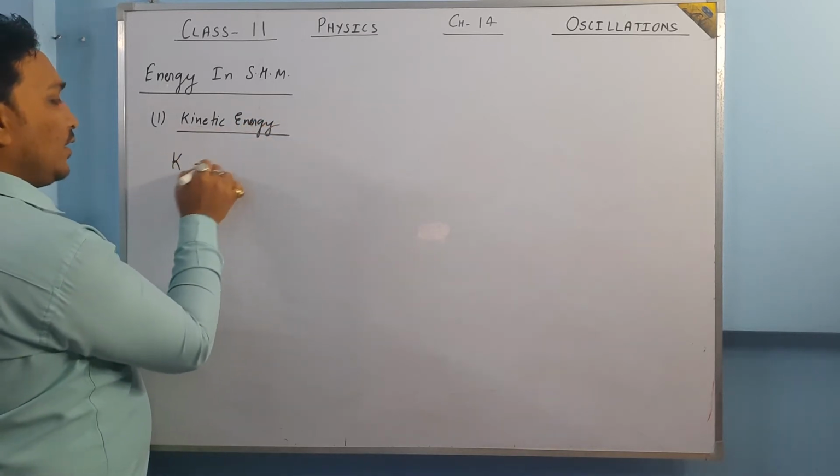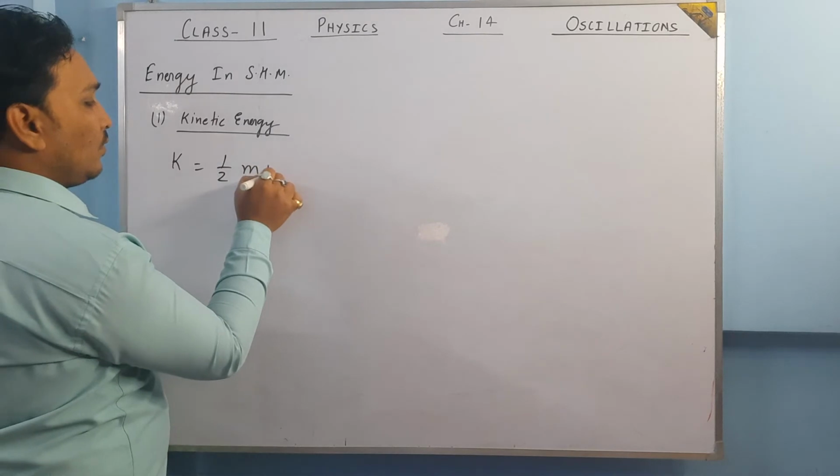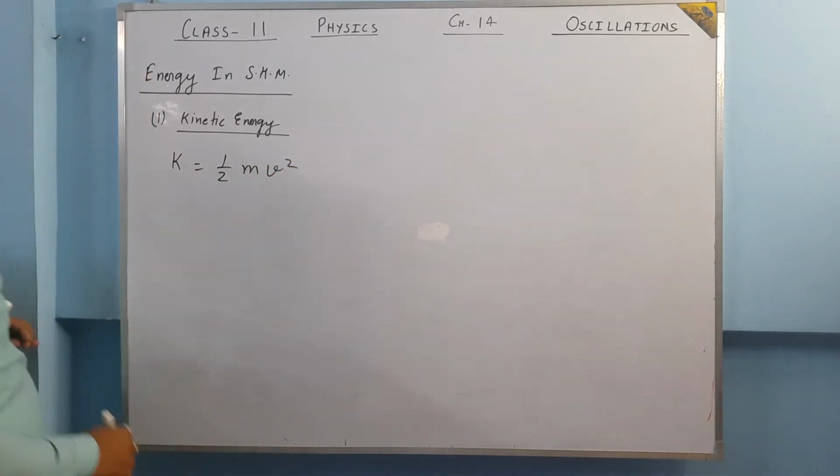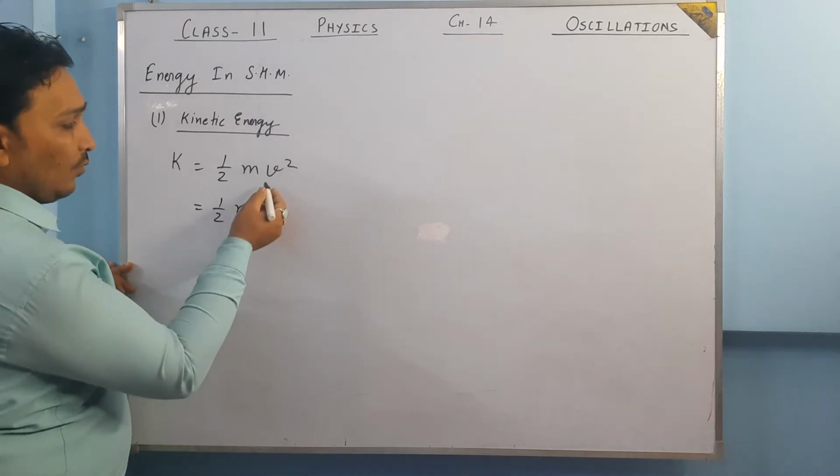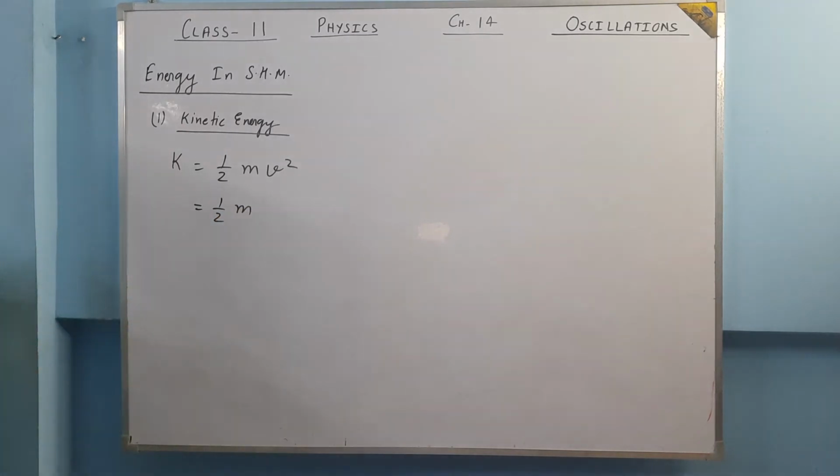The value of kinetic energy is given by what? Half m v square, right? So half will remain half, m will remain m obviously. For the velocity v, we have just calculated it.